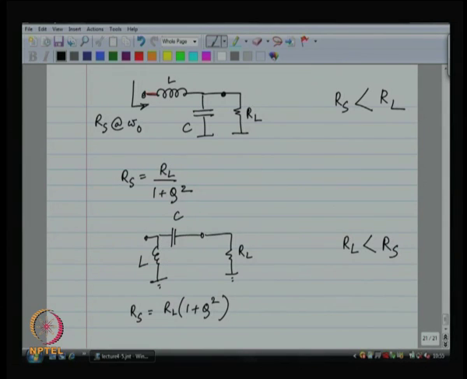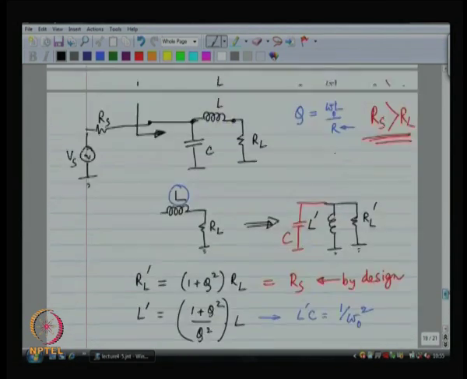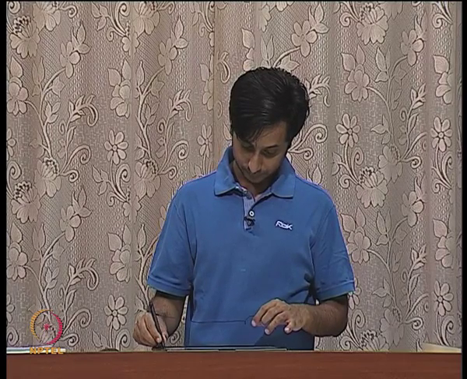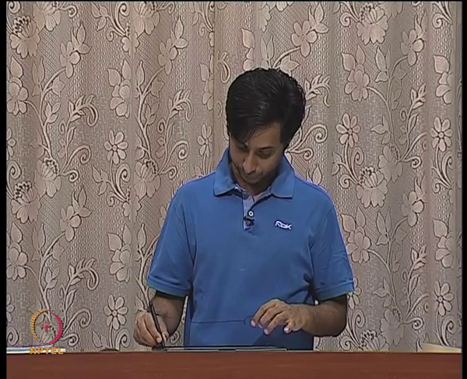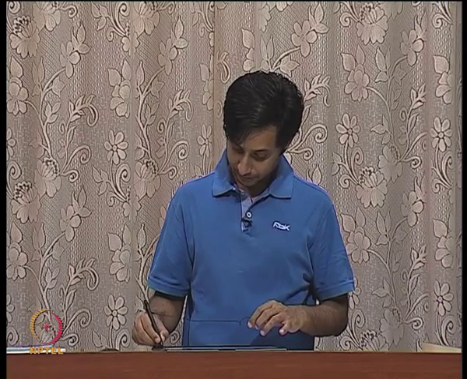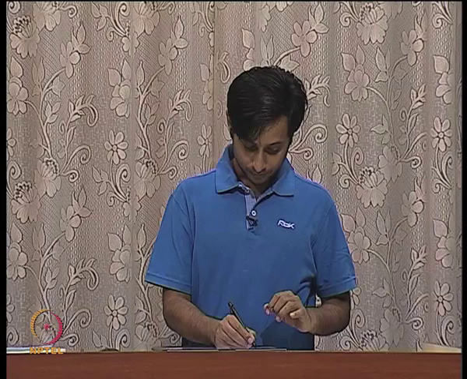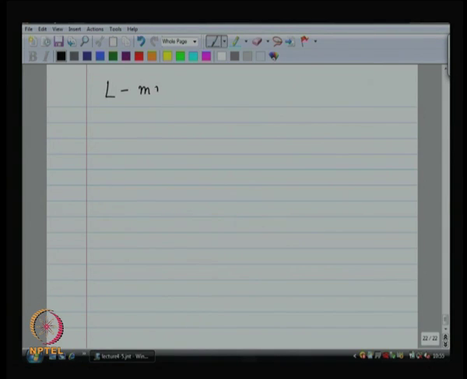Okay. So, we have 4 matching networks. All of these matching networks are broadly called the L match. So, there is no more space to write over here, but all of those are called the L match.